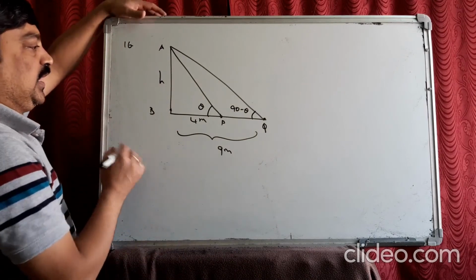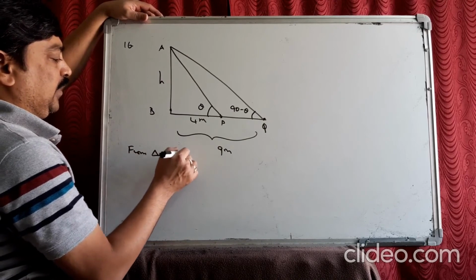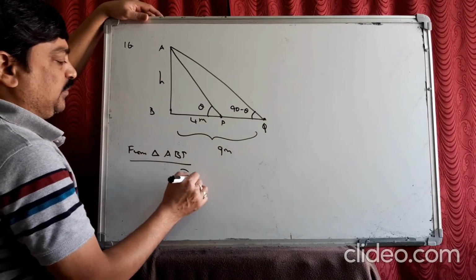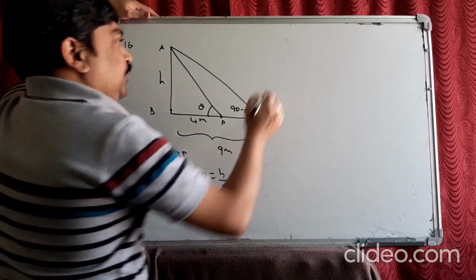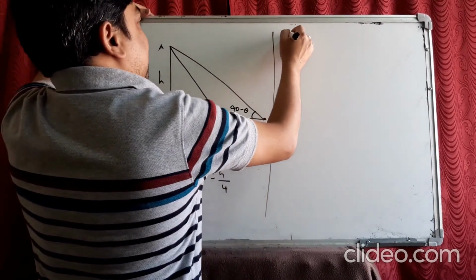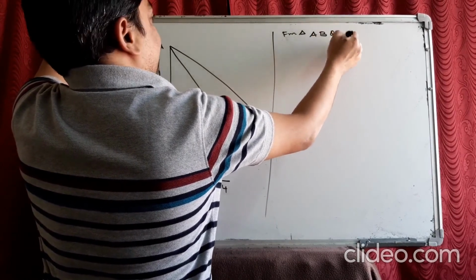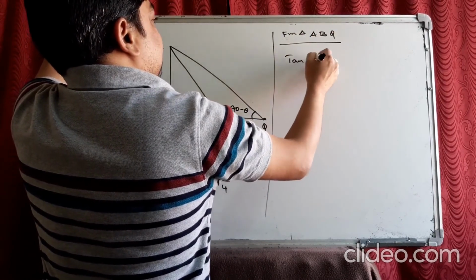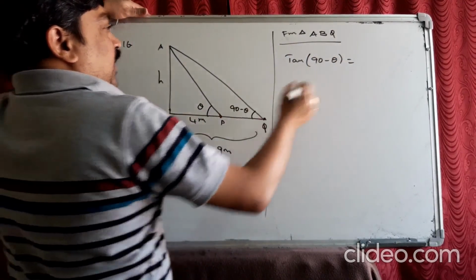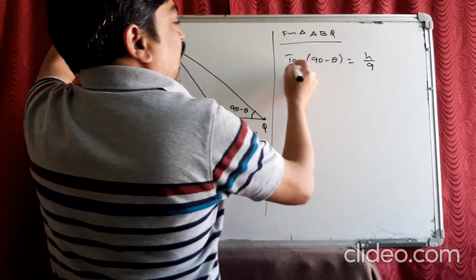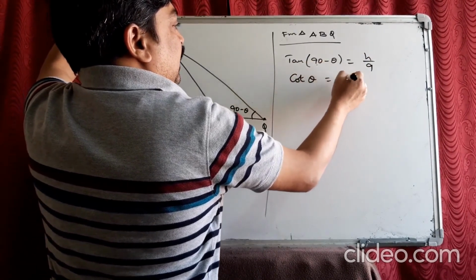From the first triangle ABP, tan theta is h by 4. Keep it like that. From the second triangle ABQ, tan of 90 minus theta is opposite by adjacent, h by 9. What is tan of 90 minus theta? It becomes cot theta, equal to h by 9.